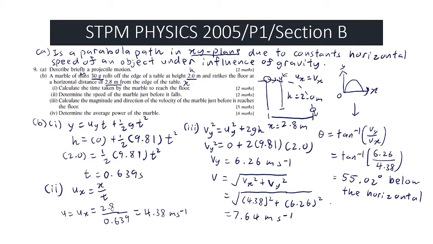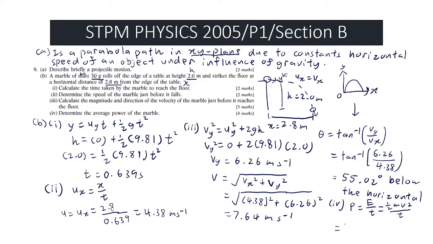Now finally, this last one, determine the average power of the marble. The power is given by the energy per unit time, which this energy in our case is 1 over 2 m v squared, per t.